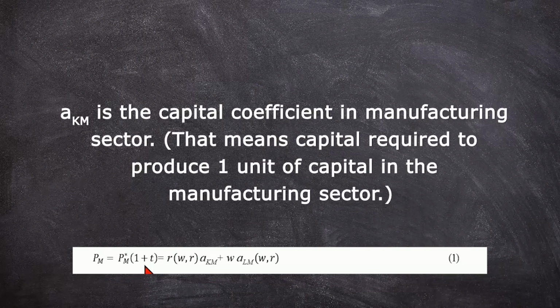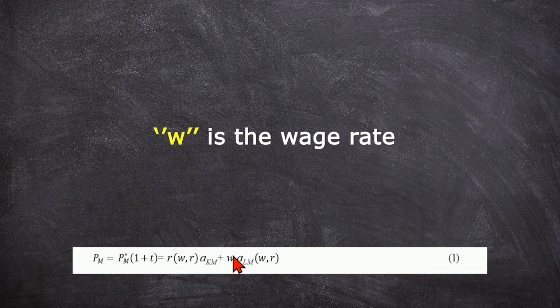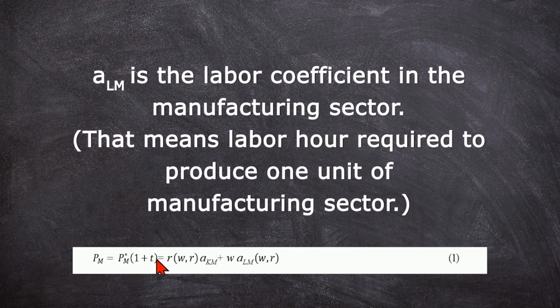Now, AKM is the capital coefficient in the manufacturing sector, that means capital required to produce 1 unit of the manufacturing product. W is the wage rate, and ALM again is the labor coefficient in the manufacturing sector, that means labor hours required to produce 1 unit of the manufacturing product.